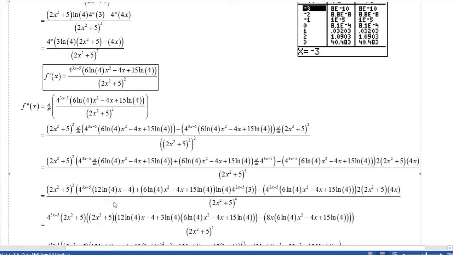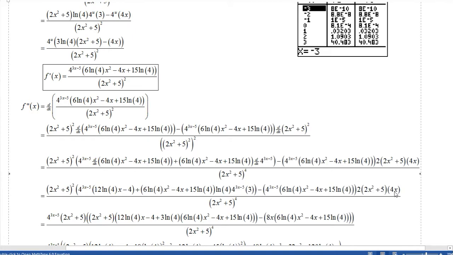That leaves the 12 ln of 4x minus 4, which is right here, plus, well, we still have the 3, we still have the ln of 4, and we have all this stuff here. And here, let's see what's gone. This is gone because we factored it out, that exponential, and this polynomial here.